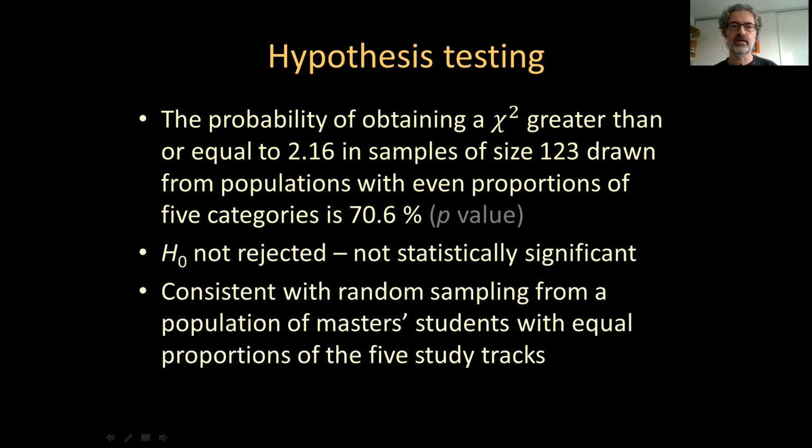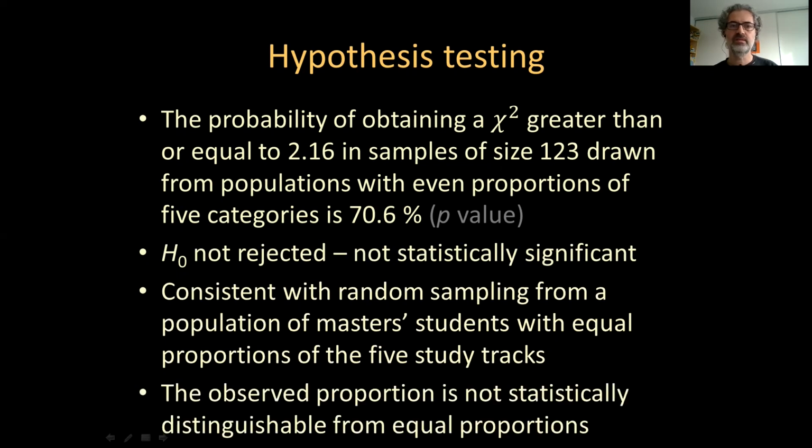So our observations are consistent with random sampling from a population of master students with equal proportions in the 5 study tracks, or the observed proportions are not statistically distinguishable from equal proportions. So we have no evidence for special preferences in any of the tracks, given the current observations for students in this year.